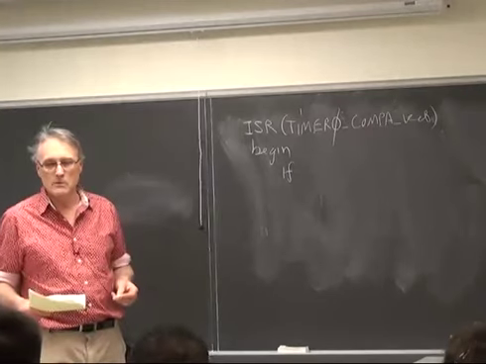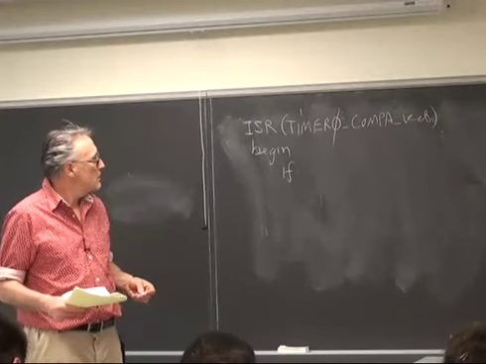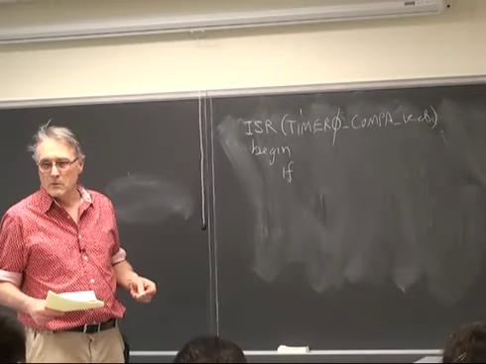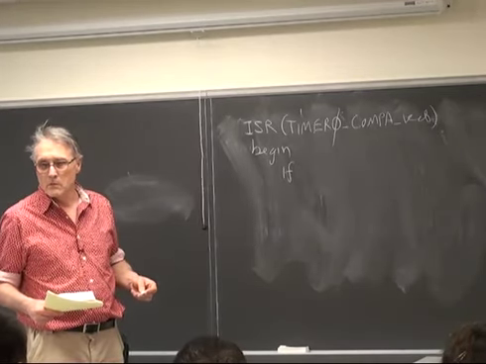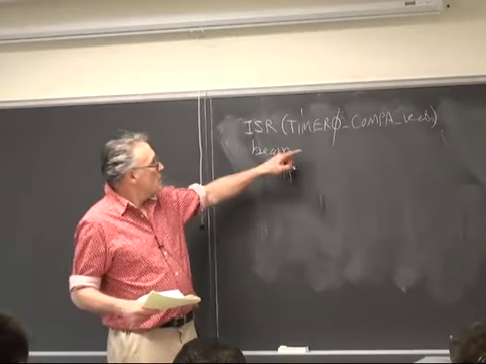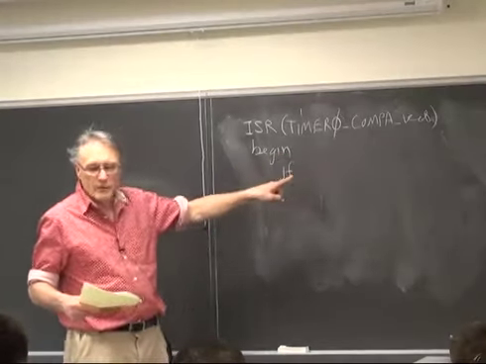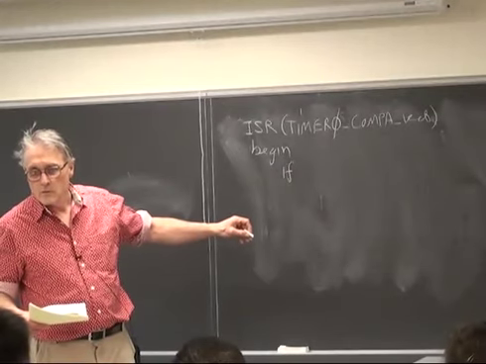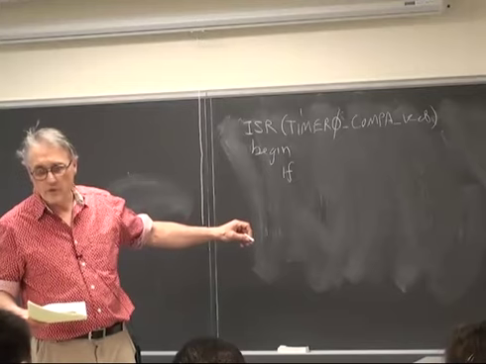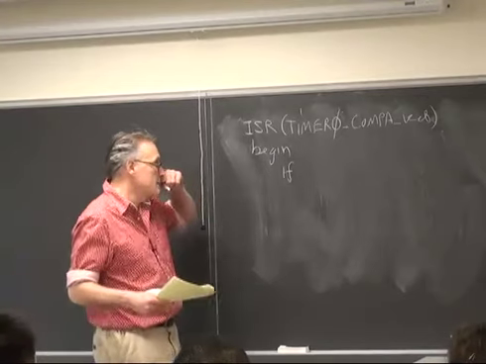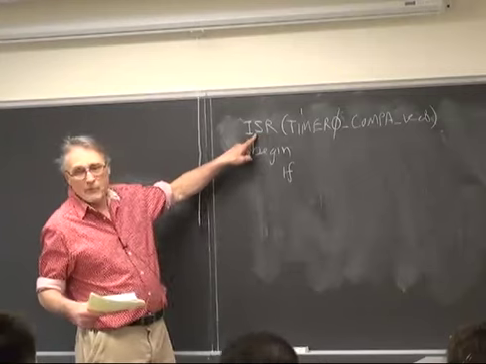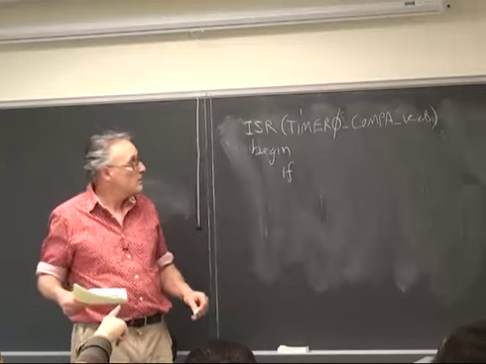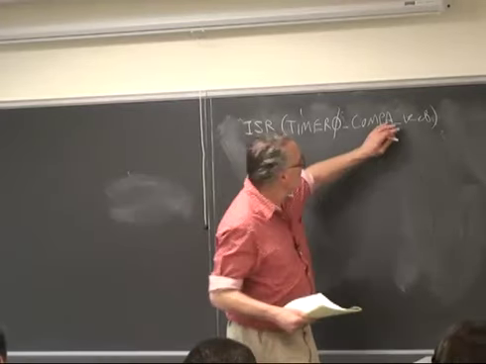Yes? I still get a little bit confused. So does that mean I should write ISR parentheses that line at the beginning of the code, or is that the syntax and should be the name of that function? It is a line of code. ISR is actually a macro which takes this parameter and does something with it. So is that VET or VECT?